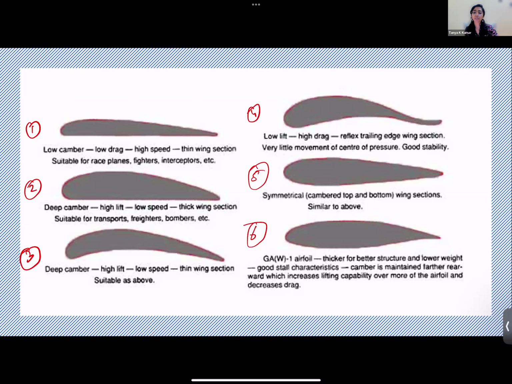What is airfoil number 6? We had discussed this also.